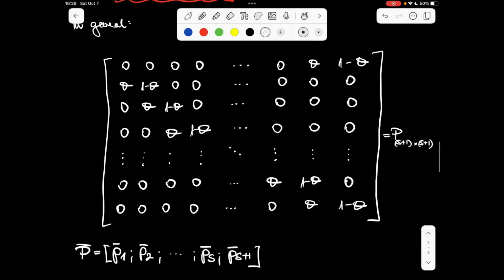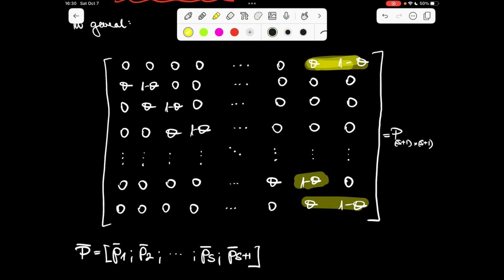Please pay attention to these parameters. So you can realize that the first row, column and the last two columns of the Markov matrix are special. The other columns are quite the same. They are very similar, but the first and the last two columns are special.